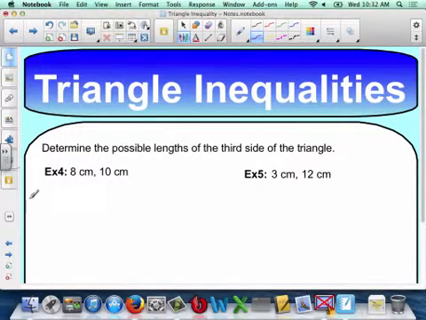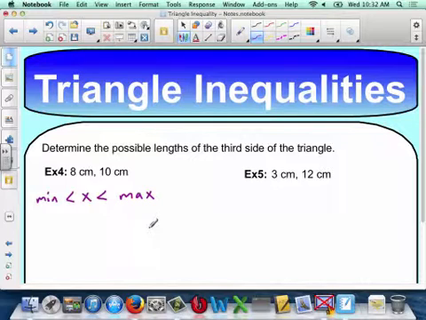Guys, every one of these values is going to be written as the minimum value is less than x, which is less than the maximum. And to find the minimum, what operation am I going to do with the two sides I'm given?